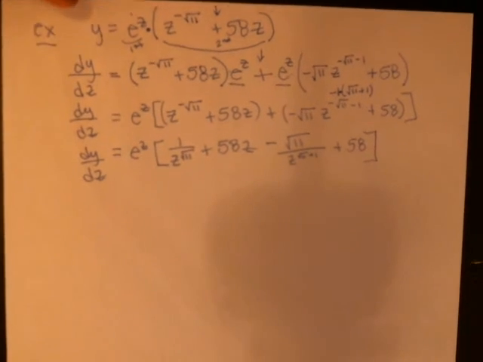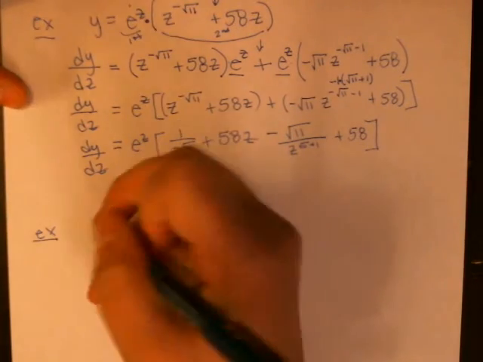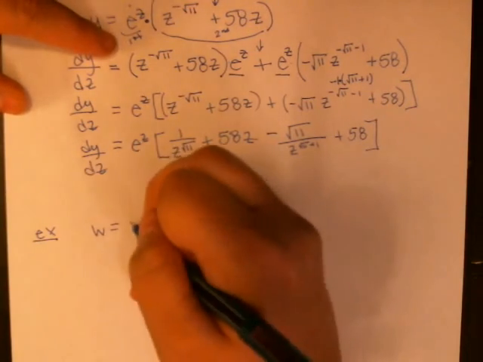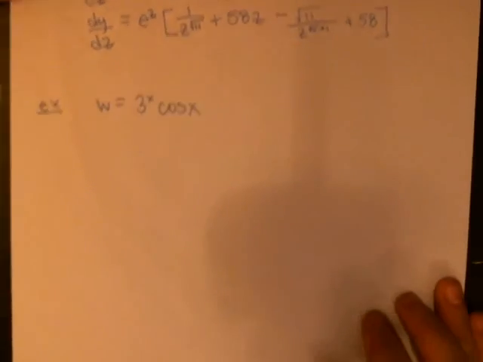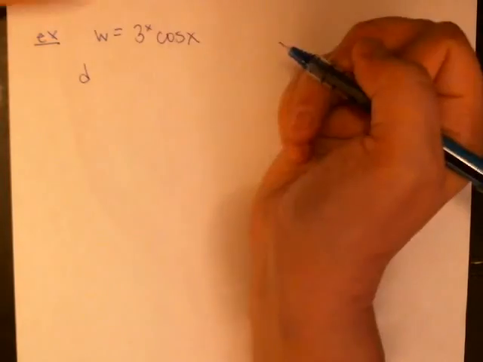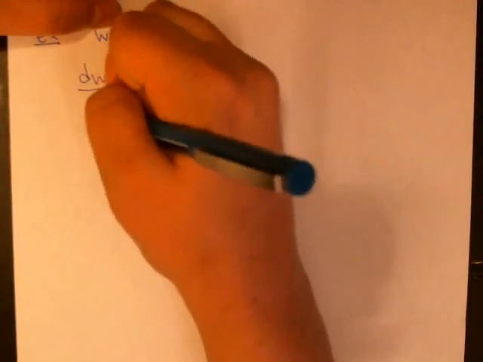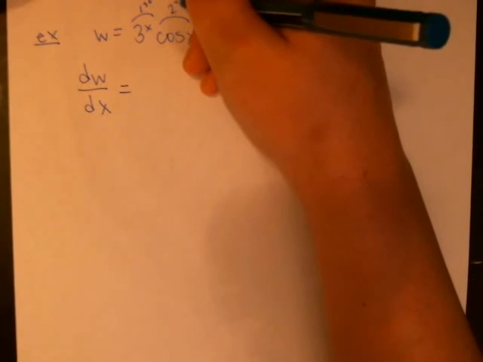Okay, let me do one more. Nothing too terribly messy here, but just to make sure we've seen a good mix of functions. Let's say w equals 3 to the x times cosine of x. Okay, so if we want the derivative of function w with respect to variable x, 3 to the x is our first, cosine x is our second.